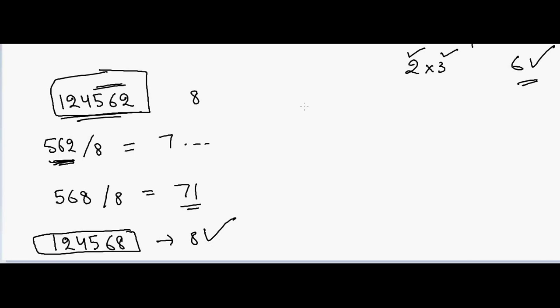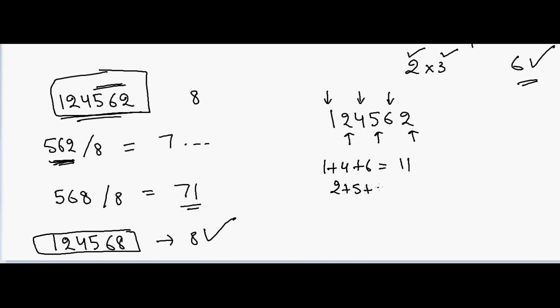Now let's talk about divisibility by 11. So if I have 1 2 4 5 6 2, and I want to find out whether this number is divisible by 11, I'll take the alternate digits. So I take 1, 4 and 6, and then 2, 5 and 2, and I add them together. 1 plus 4 plus 6 is 11, and 2 plus 5 plus 2 is 9.